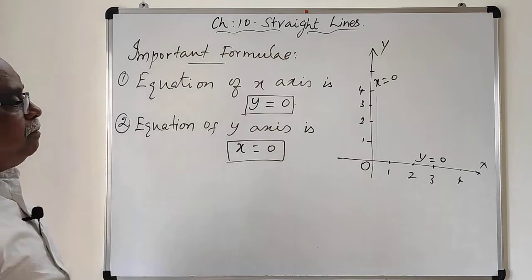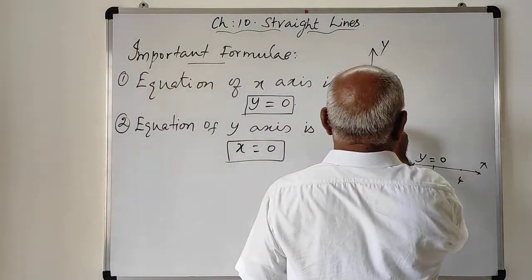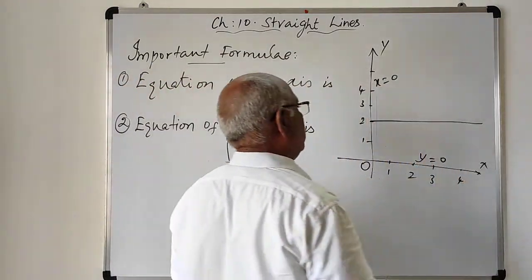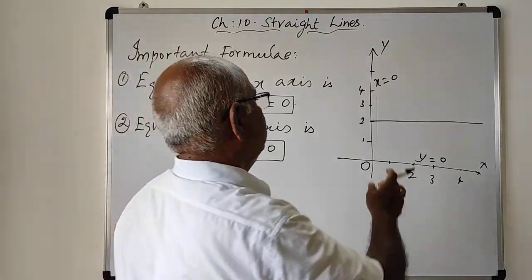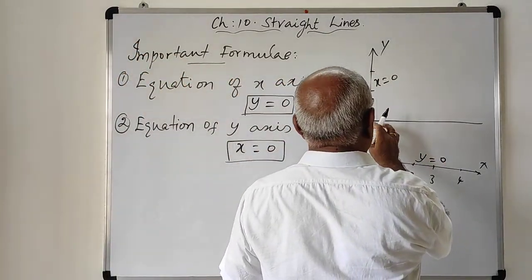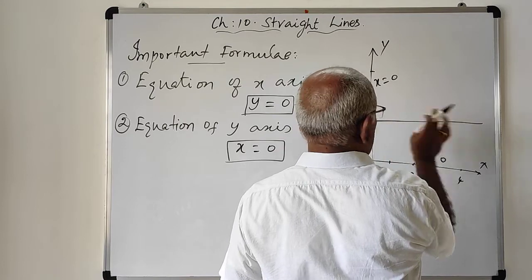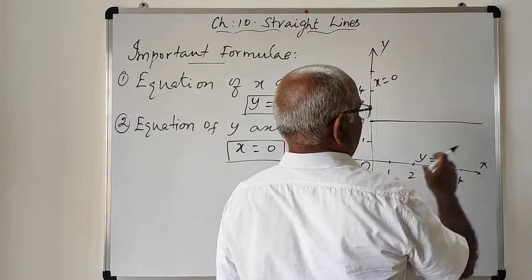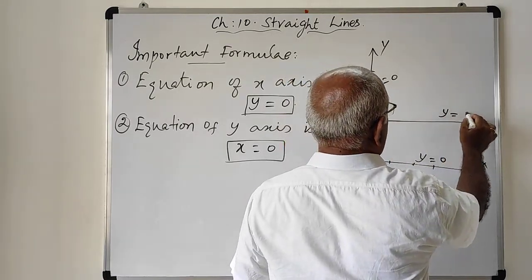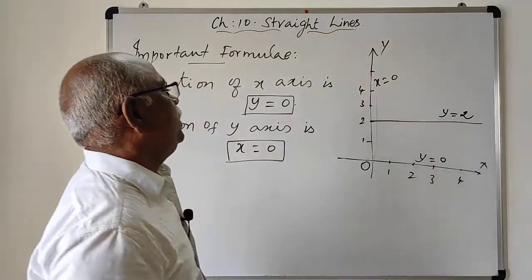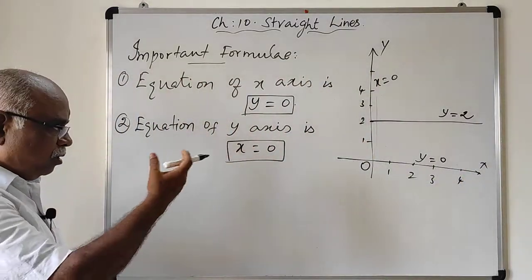And any line parallel to x-axis. See, this is a line parallel to x-axis. In this line, all the y values are 2. Therefore, the equation of the line is y equal to 2, that means y equal to constant.